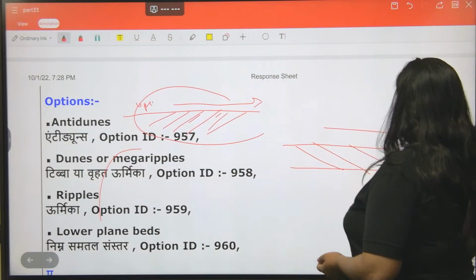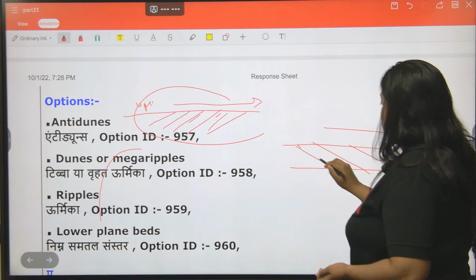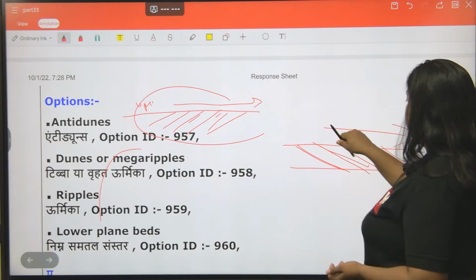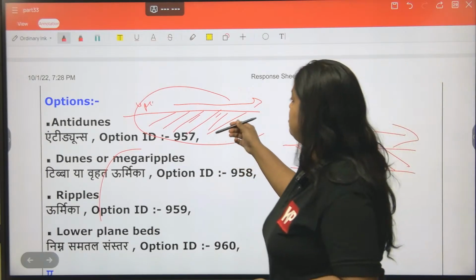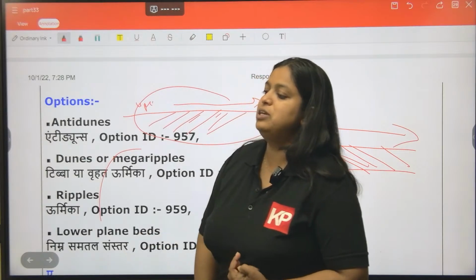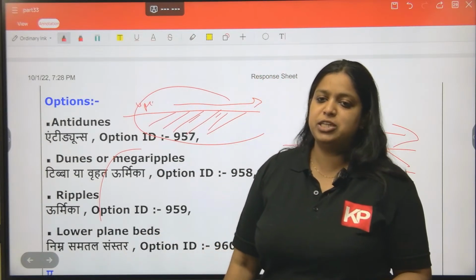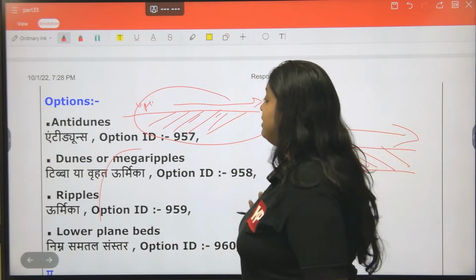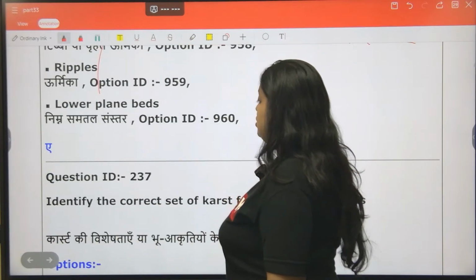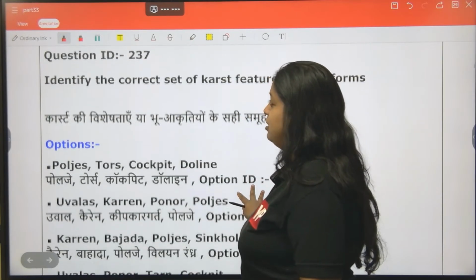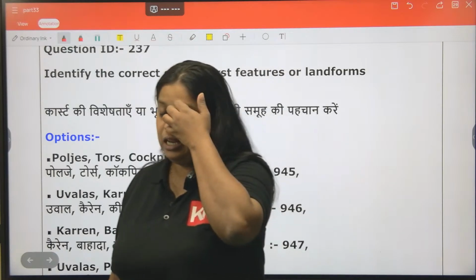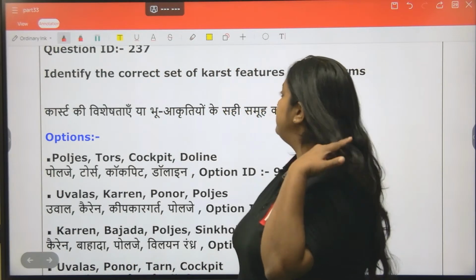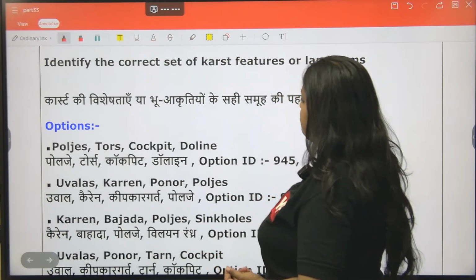The cross beddings will be dipping in the downstream direction, whereas in antidunes, cross beddings will be dipping in the upstream direction. So fluvial systems and the structures associated with them are very important. We have discussed them in detail in the section, so please revise those parts also.